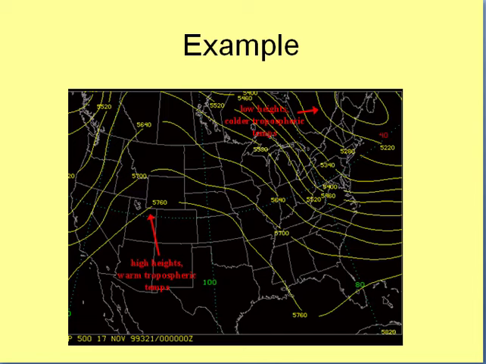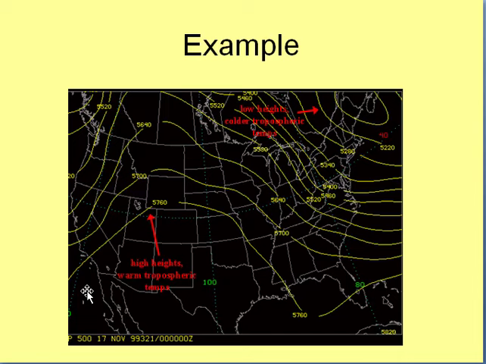And so when we talk about forecasting temperature, you always want to look at either MOS, or the National Weather Service grids, or a weather model, but you want to zoom in at the surface. But for 500 millibars, depending on what time of year it is, you can actually figure out what the temperature would generally be.